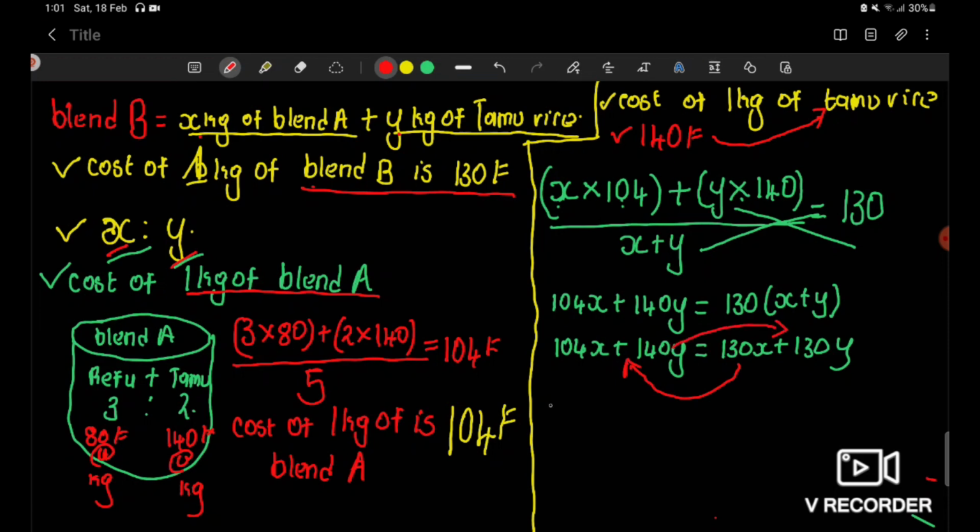So we'll have 104x minus 130x is equals to 130y minus 140y. So here our answer will be negative 26x is equals to negative 10y.